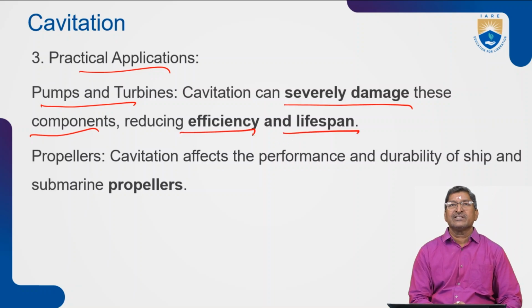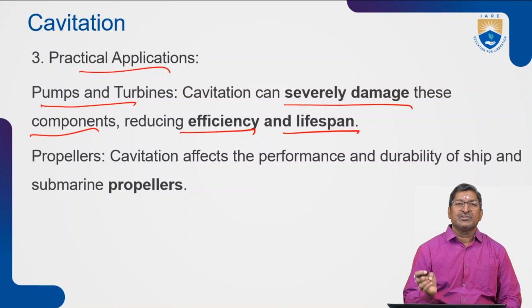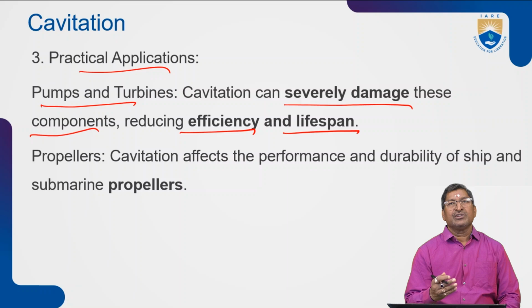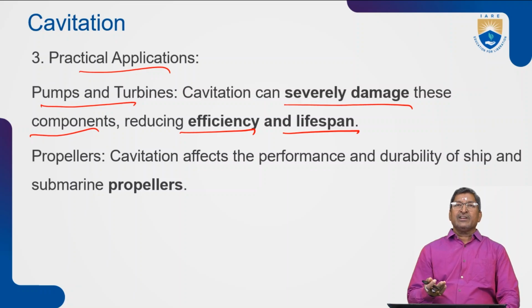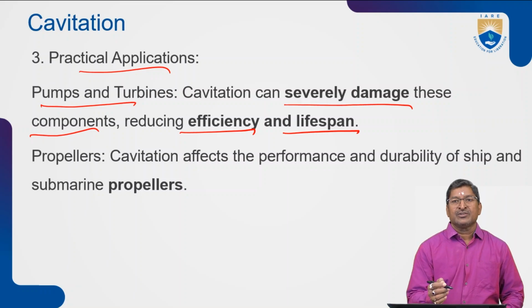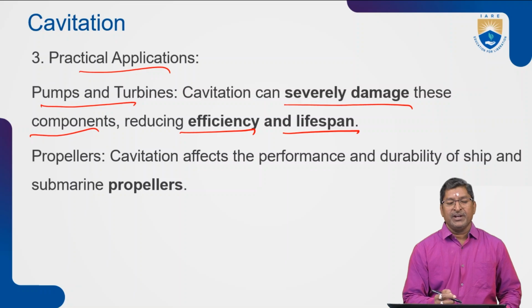What is the meaning of efficiency? Whatever energy we give as input, the output should equal the input. If output is less, we can say it is low efficiency. Lifespan means the usage of that particular thing, the lifespan of that pump or turbine.